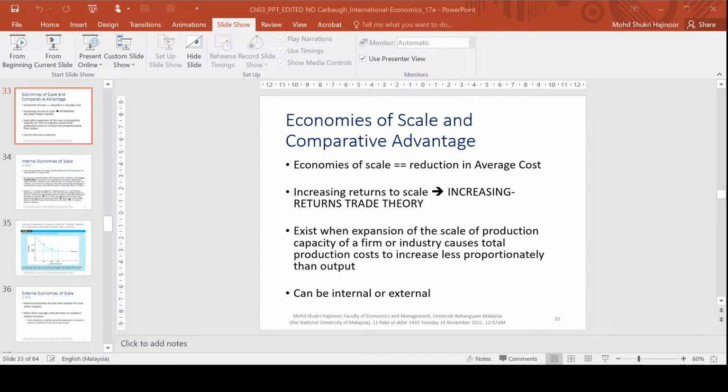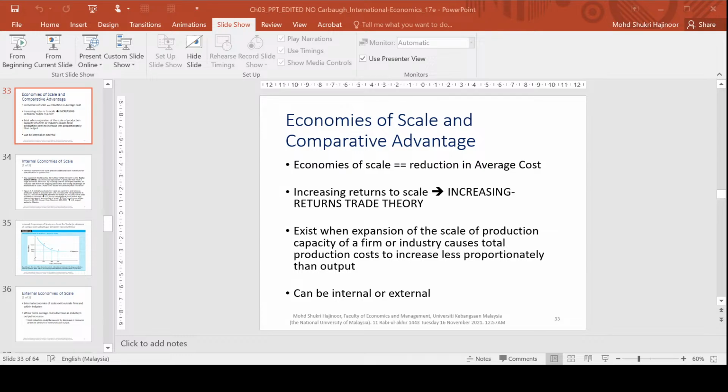We assume no difference in comparative advantage between two countries in our model, no difference based on factor endowment. To make it easy to understand, we assume factor endowment in country A and country B are the same. When factor endowment in both countries is the same, they have the same comparative advantage based on Heckscher-Ohlin.